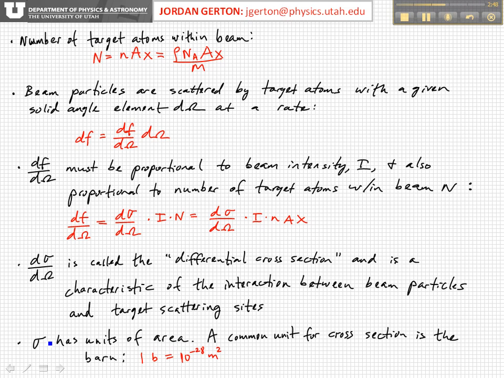Sigma is called the cross section, and dσ/dΩ is a differential cross section. A common unit for the cross section is something called the barn, and one barn is defined to be 10 to the minus 28 square meters.